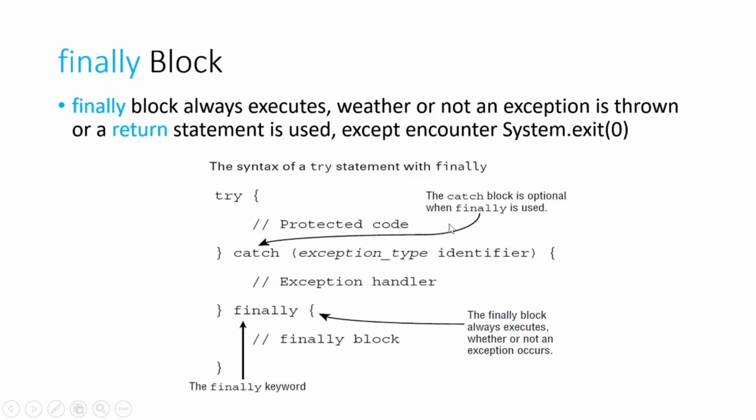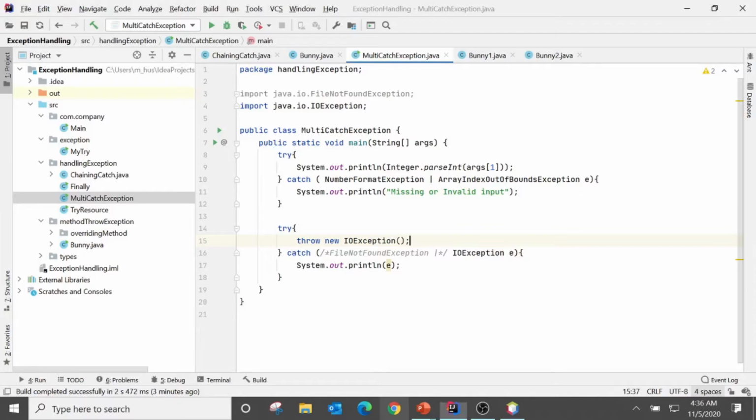Next is the finally block. The finally block always executes whether or not an exception is thrown or a return statement is used, except when it encounters System.exit(0). Okay, so let's make one finally block. I have a class here, Finally.